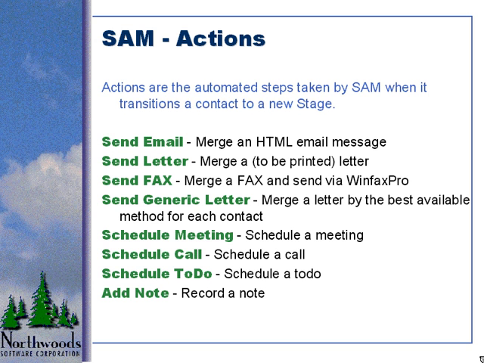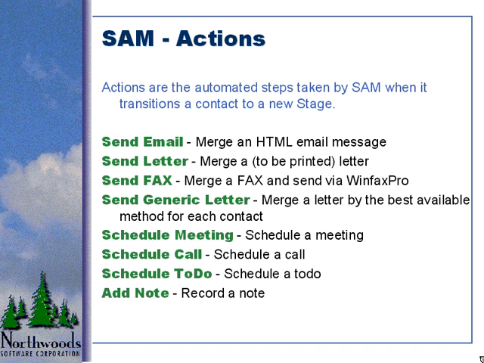You can send a letter, this is a to be printed letter, and mailed via standard mail or FedEx, whatever. You can have it send a fax, and we've integrated with WinFax Pro. A generic letter doesn't refer to a letter with generic message. It's a letter that's sent by whatever the best means for that contact.